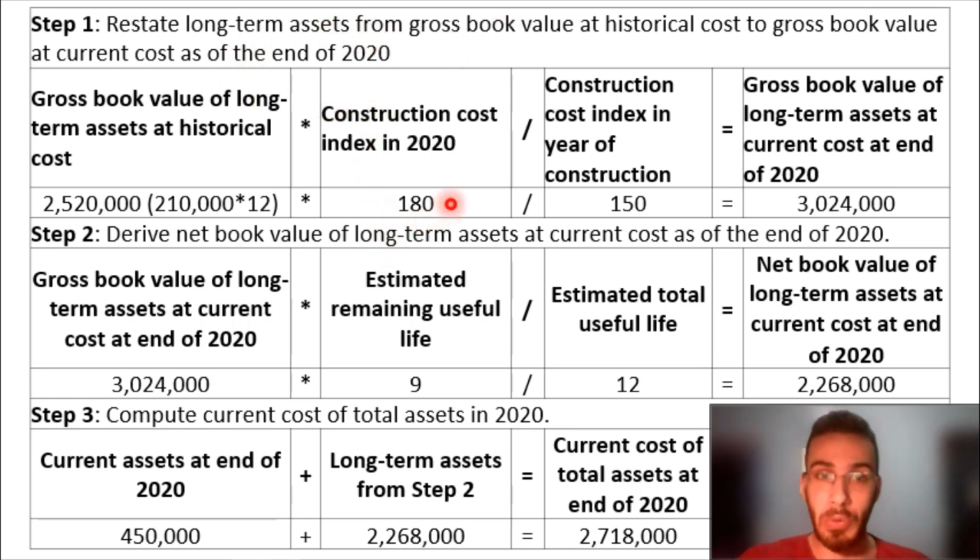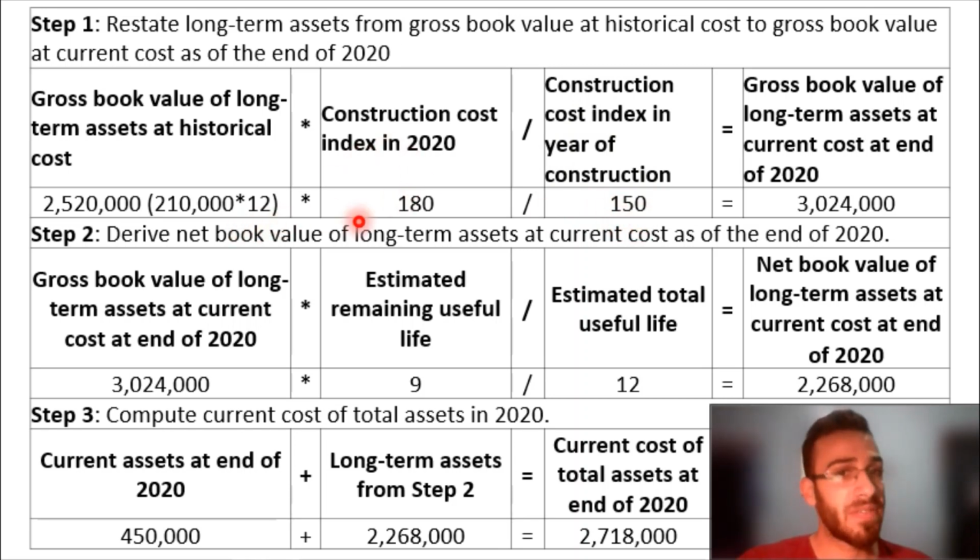We are going to use the construction cost index to obtain the current cost of the gross book value of the long-term assets. We know that as of 2020, the construction cost index is 180, and 3 years earlier, which is the age of the asset, the construction cost index was 150.